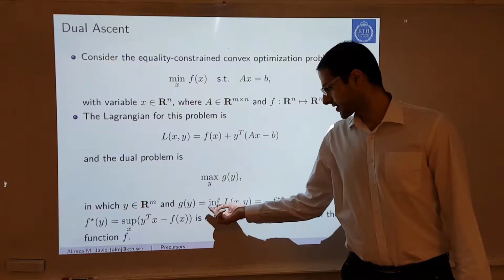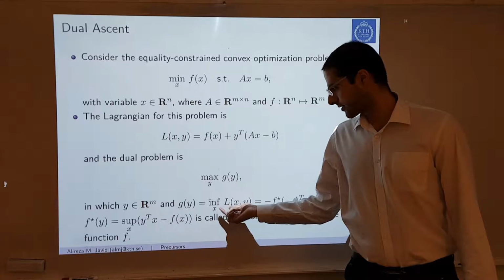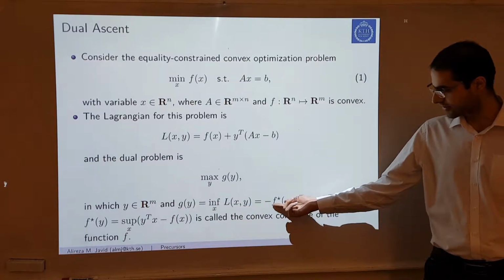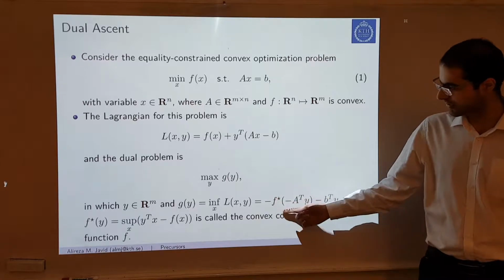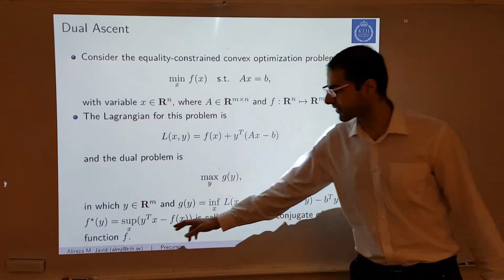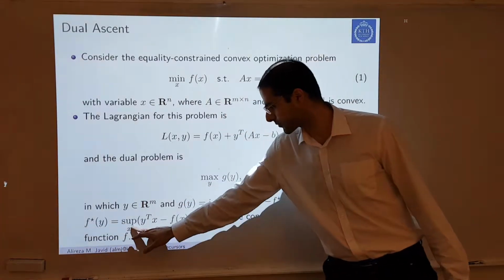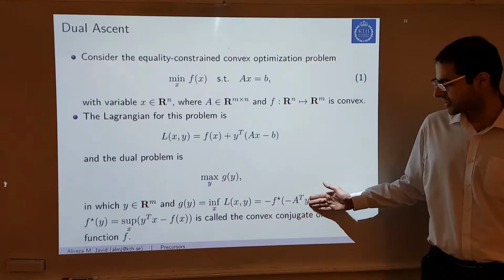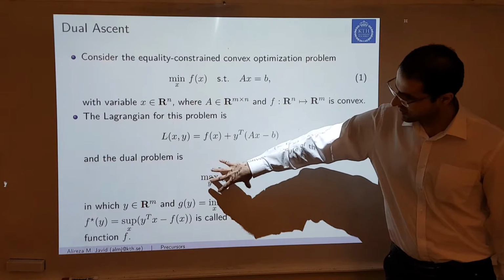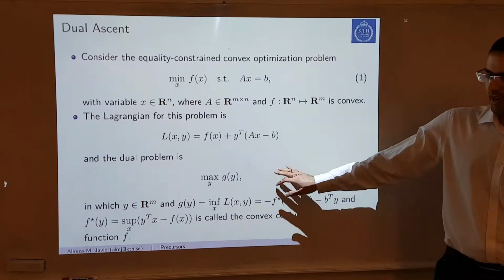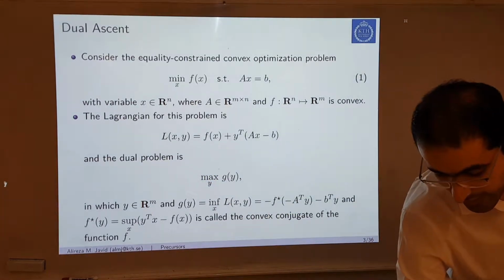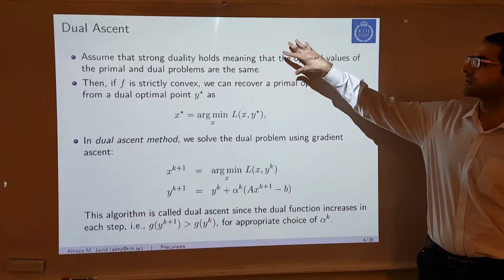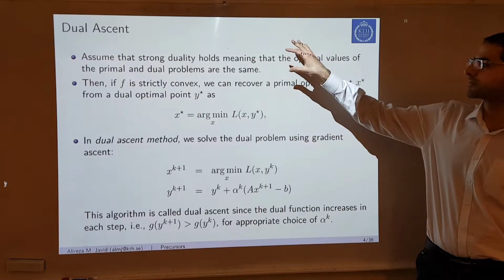G is defined as the infimum of the Lagrangian over x, and you can show by some mathematical derivations that it is equal to the convex conjugate of f, defined as f star, the supremum of these expressions, and you can write g as this. When you maximize g over y, this is the dual problem, and assuming strong duality, we can see that the solutions of the dual problem and the original primal problem are the same.